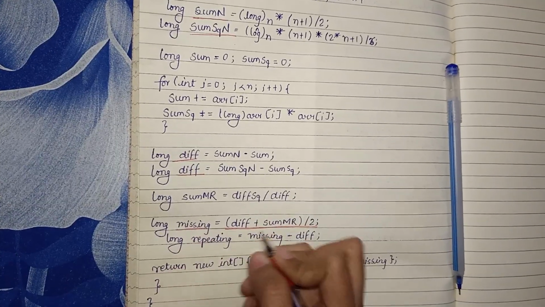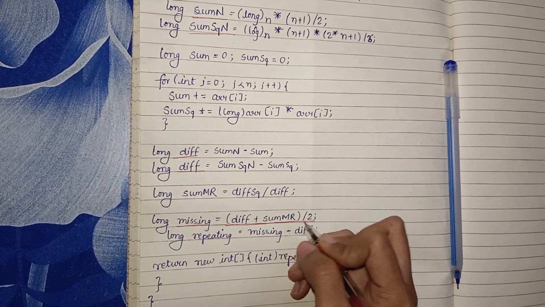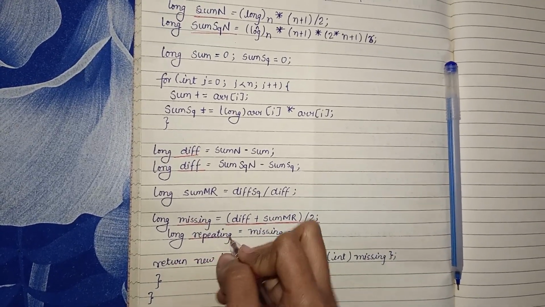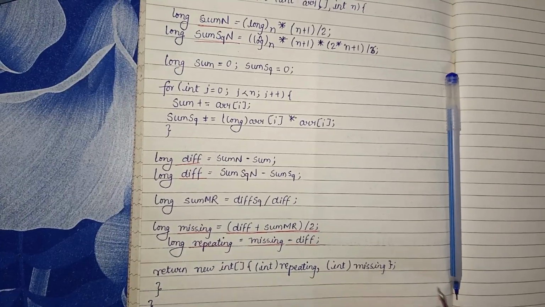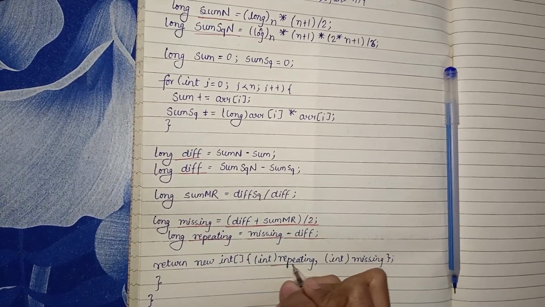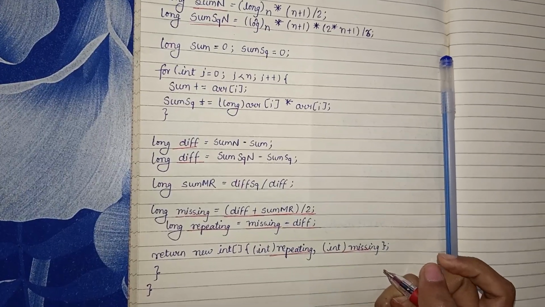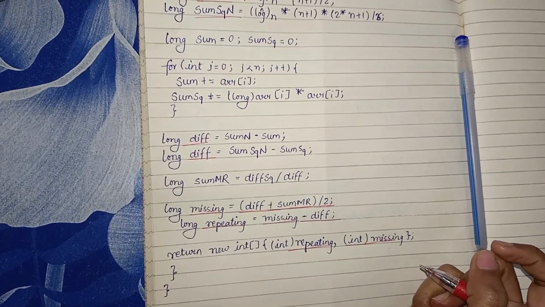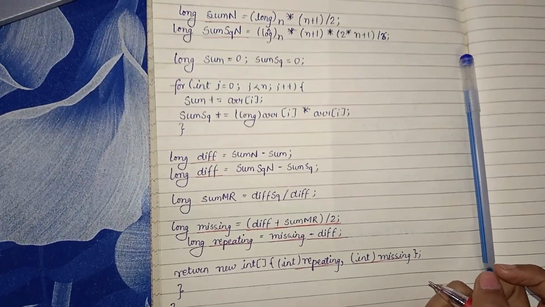For missing, we use (difference plus sum of squares difference divided by difference) divided by 2, and for repeating, we have missing minus difference. And we return repeating and missing. This approach uses constant space, but the calculation is complex. That's why this is not an optimal solution for repeating and missing.